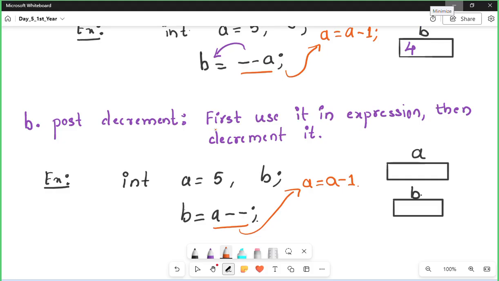According to the definition, first use it in the expression, meaning first use the value and put it into b. The initial value of a is 5. Put it in b and then decrement the a value, it becomes 4. Are you understanding? So pre-increment, post-increment, pre-decrement and post-decrement. Are you guys clear on this part?